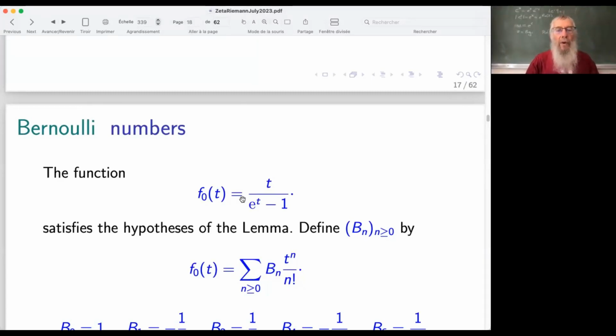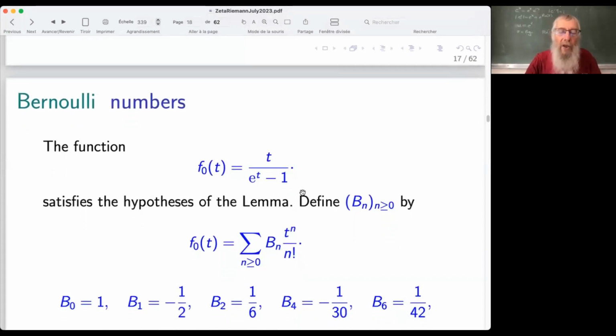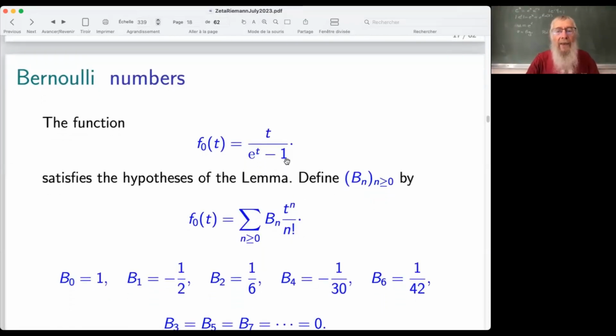So we look at this function, t over exponential of t minus 1. We check that the hypotheses of the lemma are satisfied. And so if we want to compute the special values of zeta, we have to look at the Taylor expansion of this function at 0.